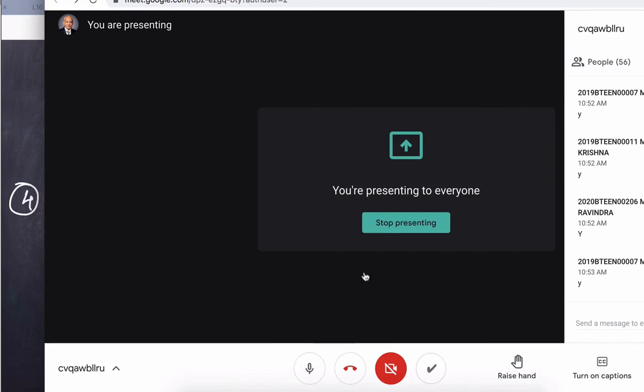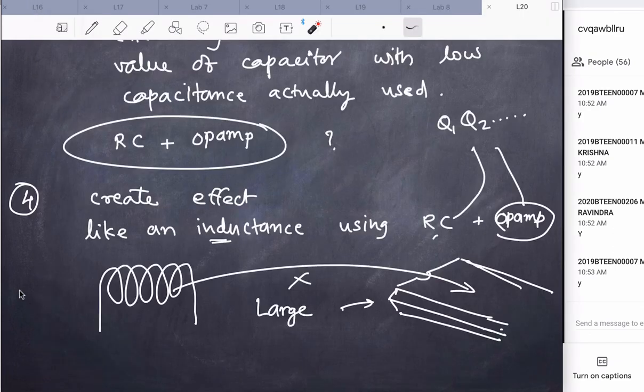Any query? Yes or no? At least write no if there is no query. Okay, fine. No query. Good.